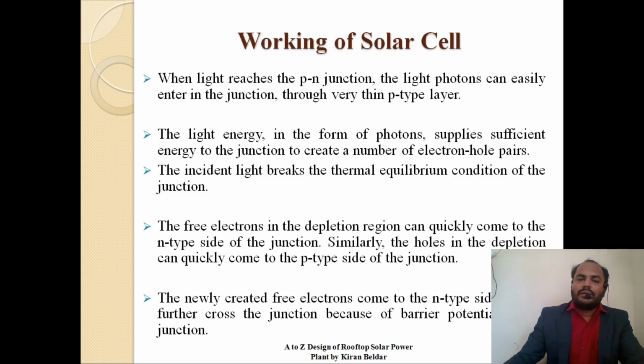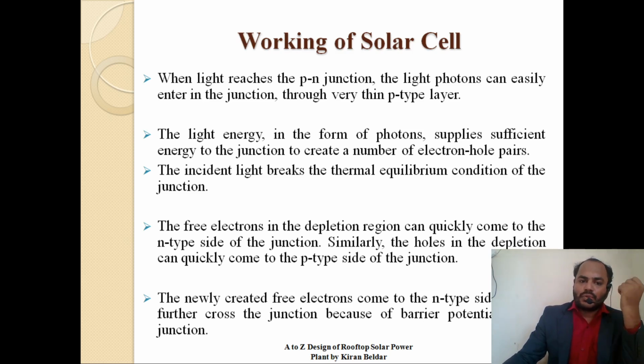Now we will see the points in the working of solar cells. When the light reaches the PN junction, the light photons can easily enter the junction through the very thin P-type layer. The light energy in the form of photons supplies sufficient energy to the junction to create a number of electron-hole pairs. The incident light breaks the thermal equilibrium condition of the junction.